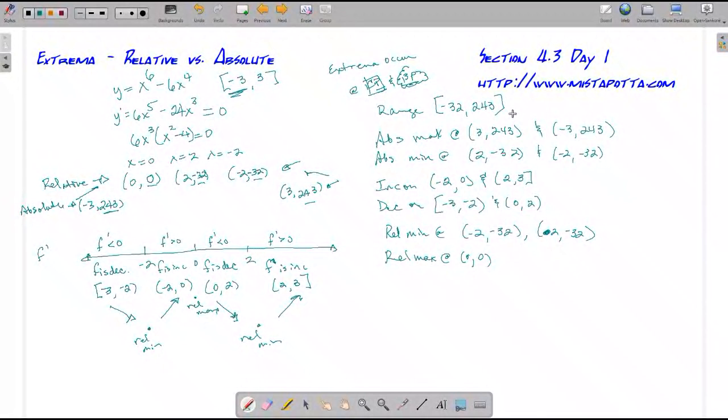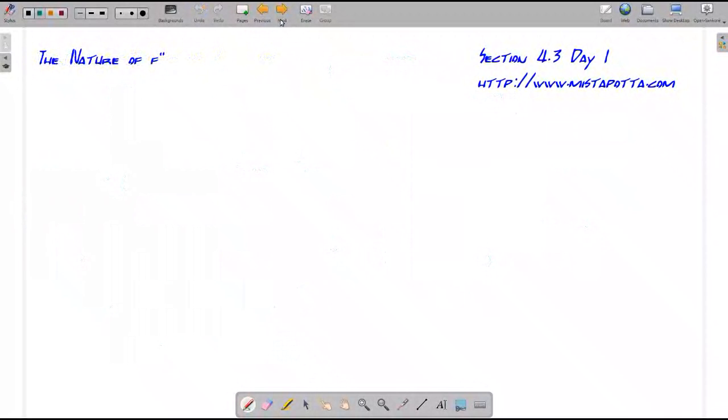But I don't know about the shape of what's going on. And to really understand the shape, I really need to talk about the nature of the second derivative.